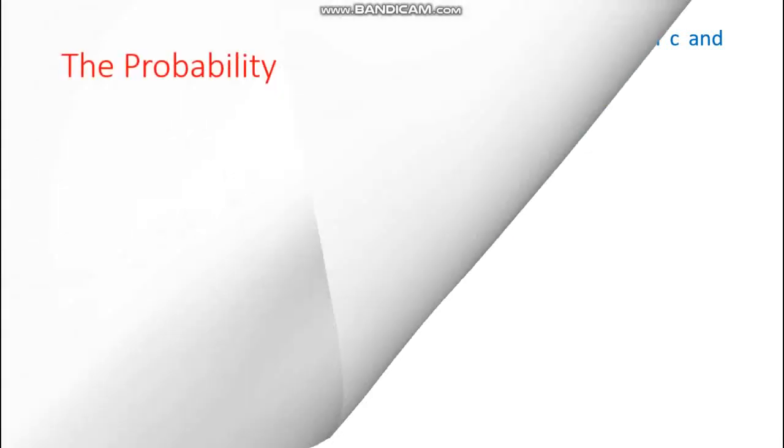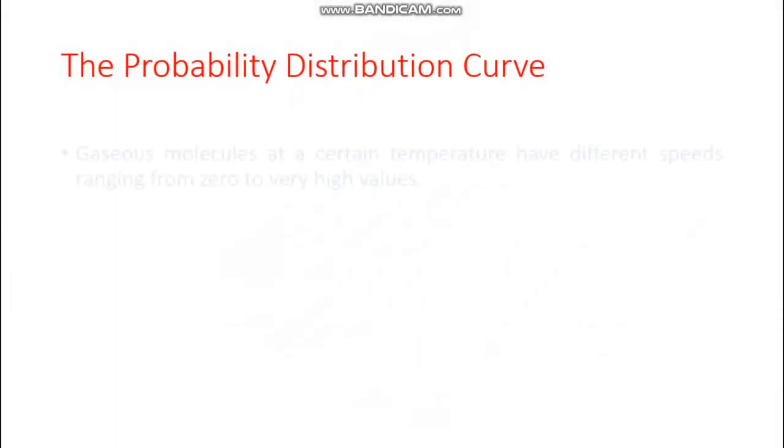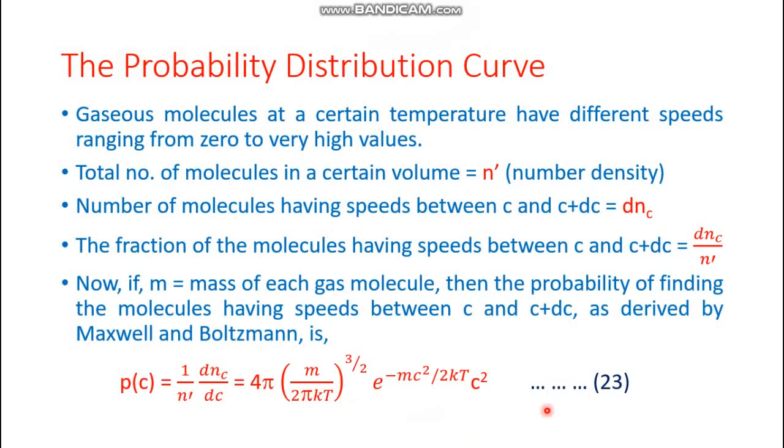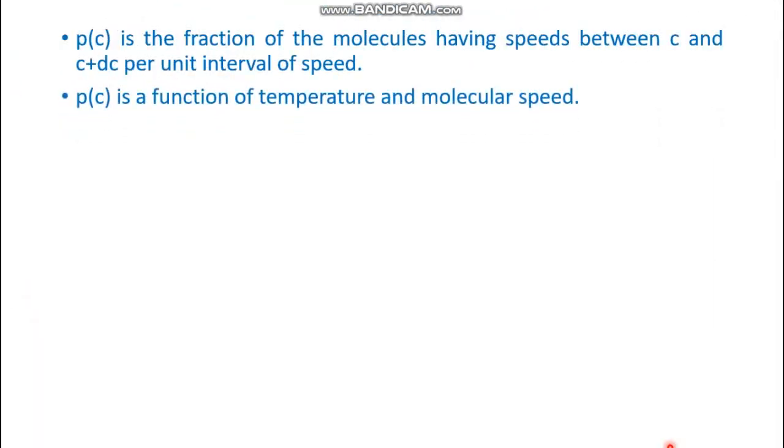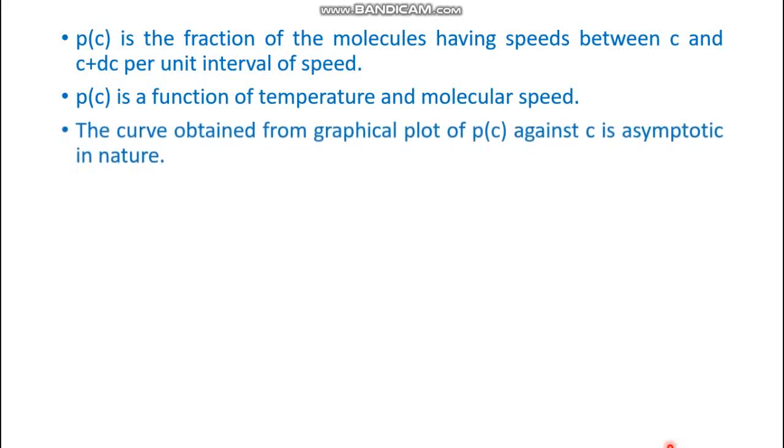If we look back to equation number 23, we find that all these parameters except temperature and c are constants, where c and T are the variables. Therefore, we can conclude that Pc is a function of temperature and molecular speed.